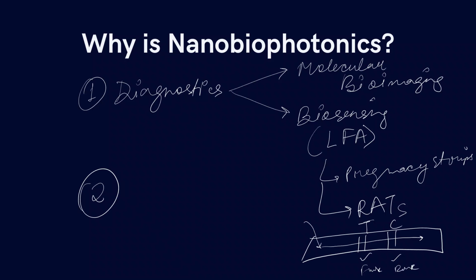If it is a non-pregnant sample, then it will be a single pink line, only the control will turn. This pink is not a dye, it's actually gold nanoparticles. So you see how nanotechnology has applications directly in biosensing. That is quite commercial. You will have a lot of examples in the research field.